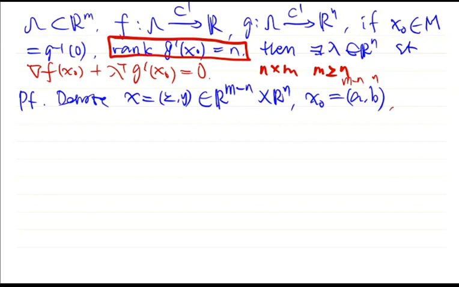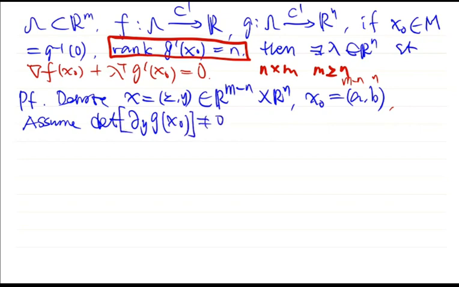In other words, we assume that the determinant of the partial derivative of g with respect to y at the point x0 is not zero. This is precisely saying that the last n columns of the derivative matrix of G are linearly independent.